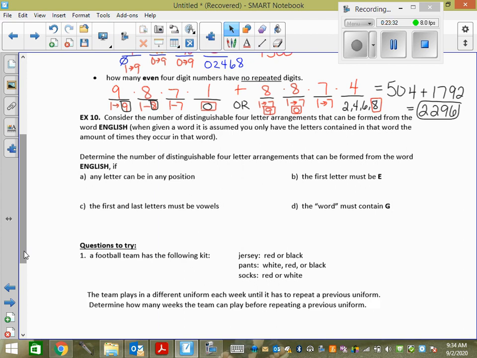Consider the number of distinguishable 4-letter arrangements. Do you see how they don't say words? We're not going to pull out our Scrabble book and see if it's a legitimate word. They say distinguishable 4-letter arrangements. That just means, like when we lined up the cards the other day, I told you if they were all different models you could tell the difference between them. This is the same thing.